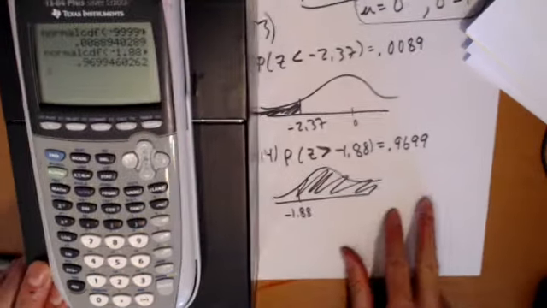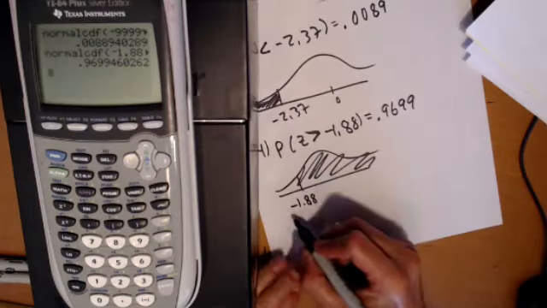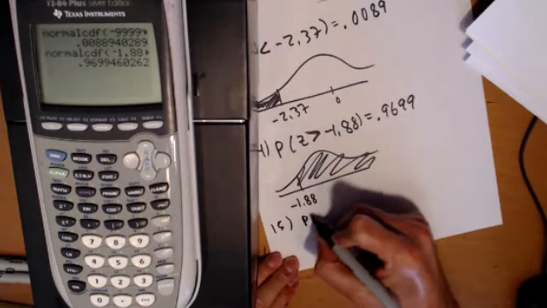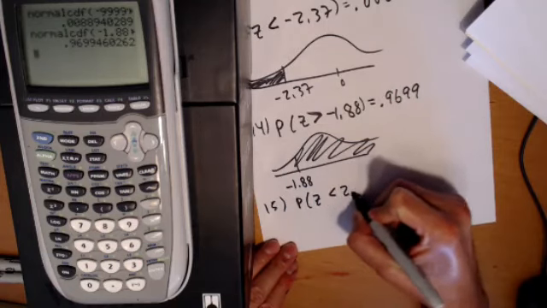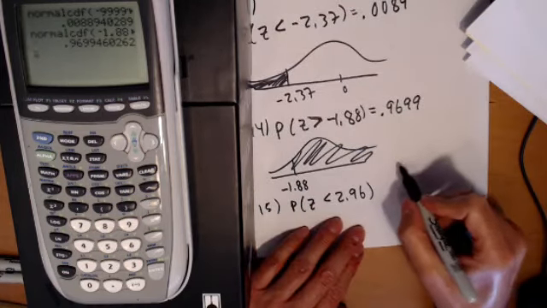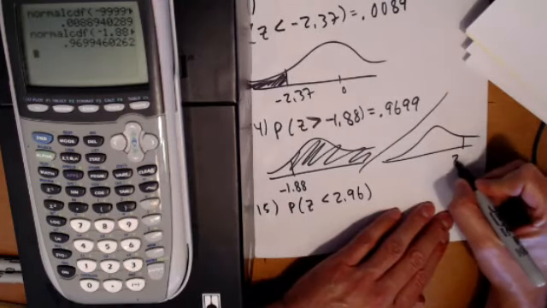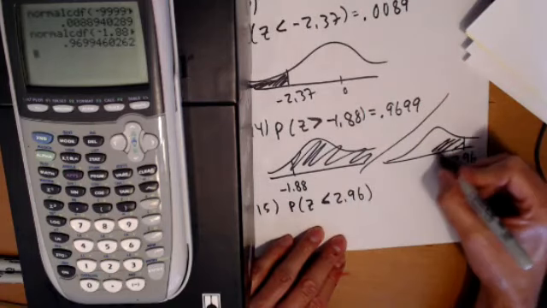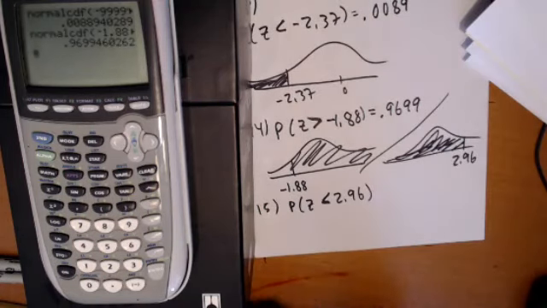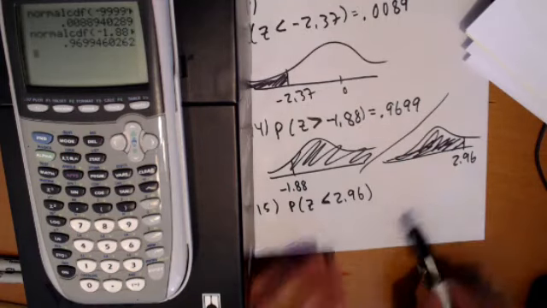Okay. Number 15. Do I have enough on this piece of paper? Sure. 15 says the probability that z is less than 2.96. So if I draw a picture, 2.96 is way over here on the right side, shading to the left. Okay, so that means my lower bound is negative infinity, upper bound 2.96.